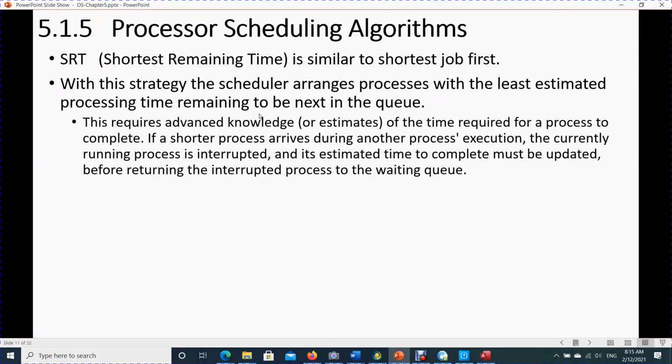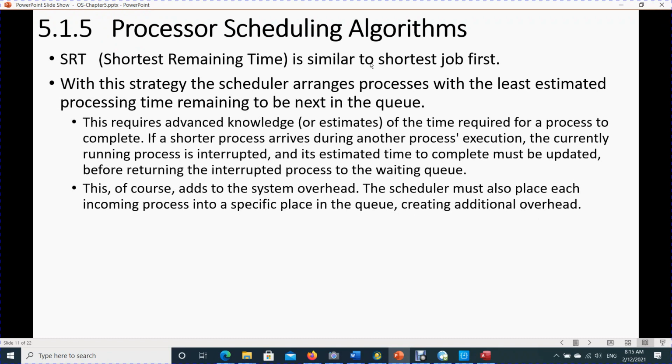Of course, this requires an estimate of the time required for the process to complete. If a shorter process arrives while another longer process is being executed, the system will interrupt the running process, recompute its time to complete, taking into consideration how long it's been running, and put it into the waiting queue.